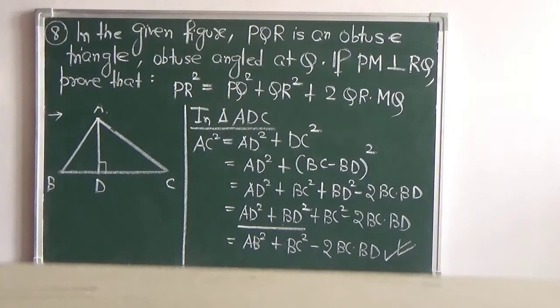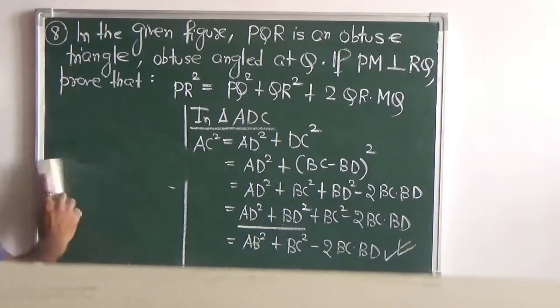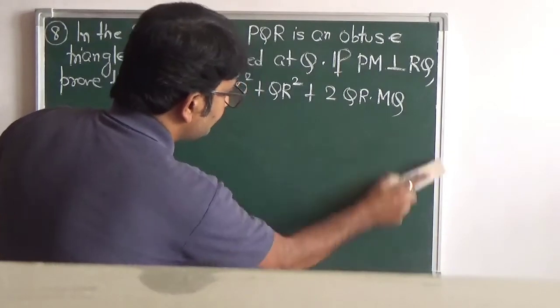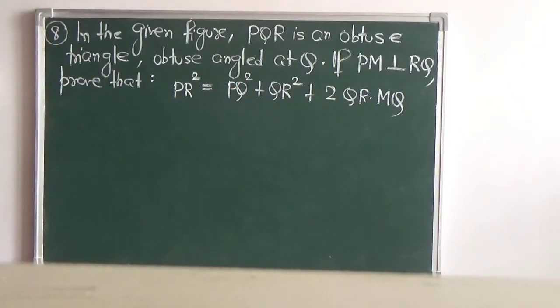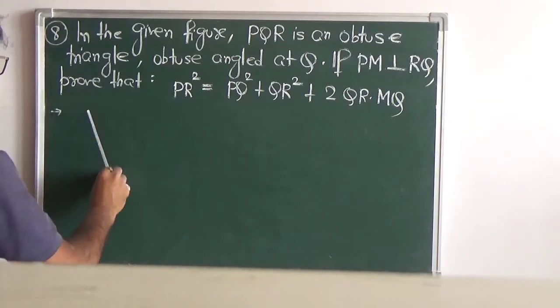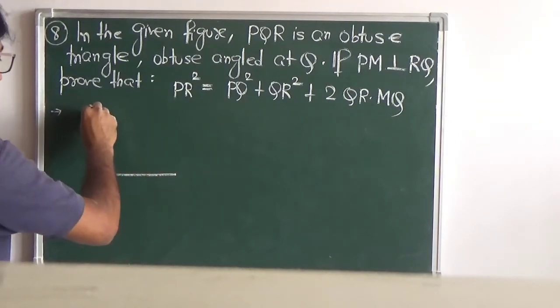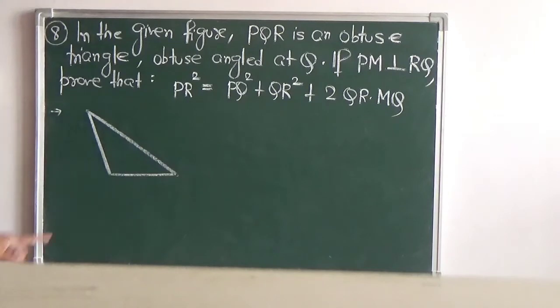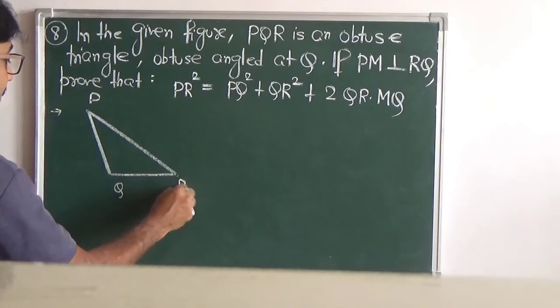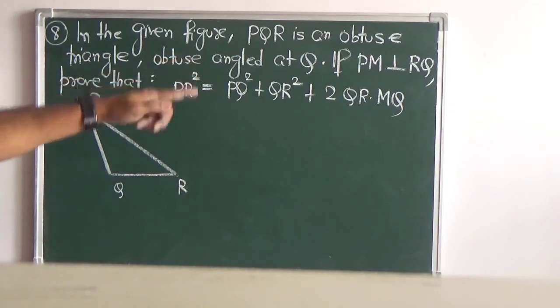So let us first have the diagram. The diagram given is like this. Because this is an obtuse triangle, the triangle is like this, obtuse angled at Q. So we can make it P, this is Q and this is R. Also we are given PM perpendicular to RQ.